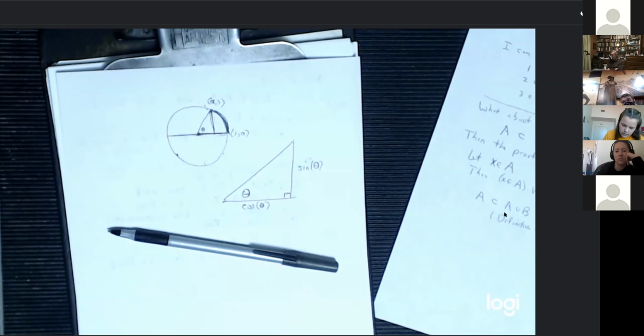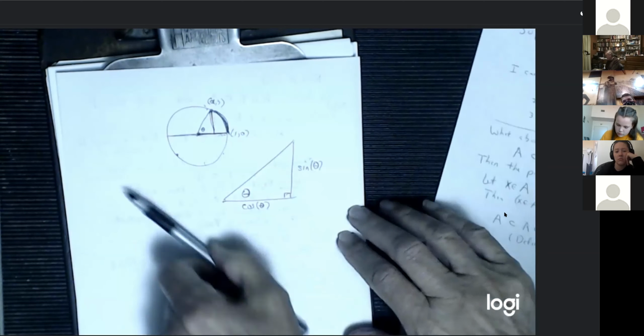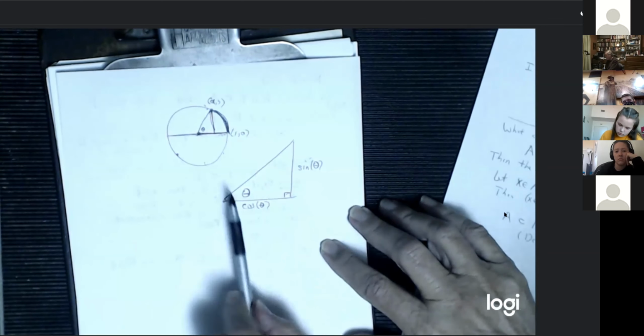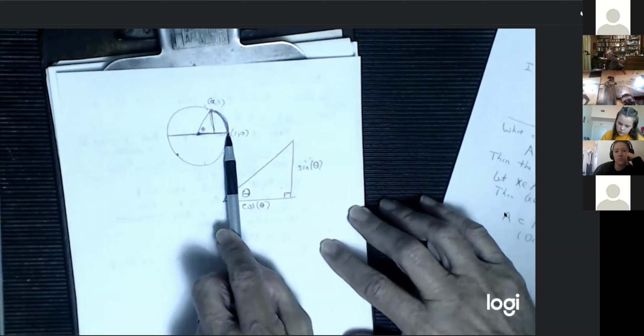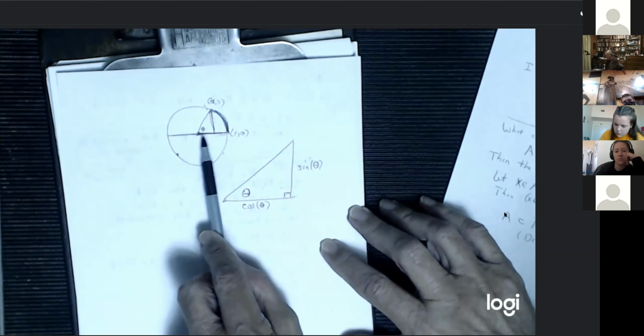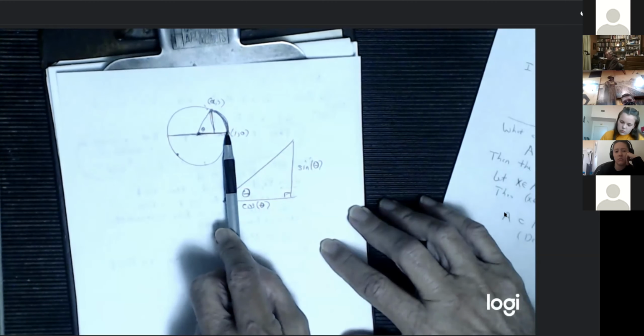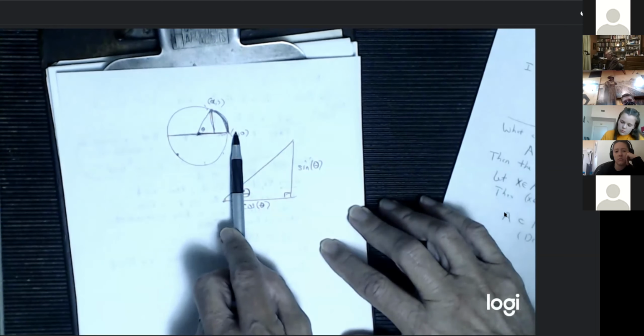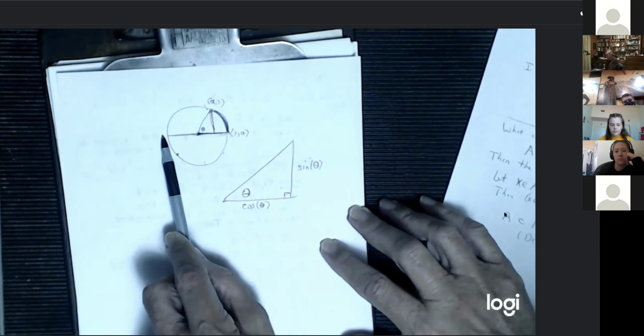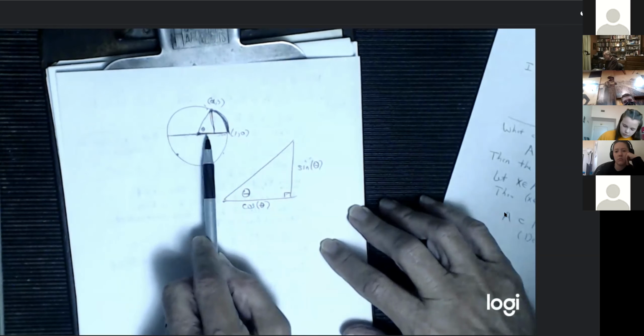People screw this up. People get it backwards. But the sine of 0 is 0, and the cosine of 0 is 1 because it's the length of this. When you are right here at this point, this length is 1. The cosine can never be bigger than 1, and it cannot be less than -1. Now, why -1?